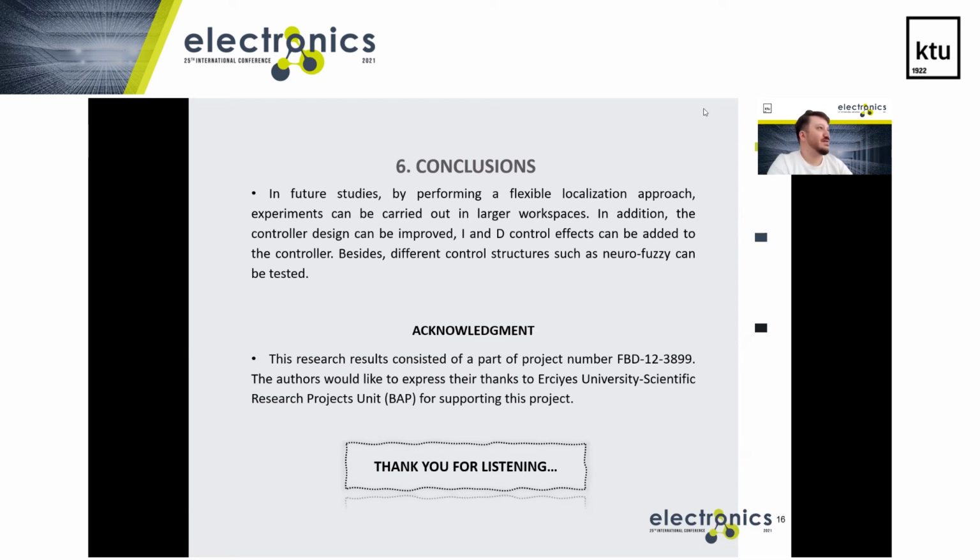The first idea for this is a LiDAR sensor for indoor applications. But if you go for outdoor applications, you have to use GPS or assisted GPS. As we know, these devices and technologies are getting better day by day. And it's of course possible to use these flexible localization methods to take the mobile robots into other working environments and for other applications.